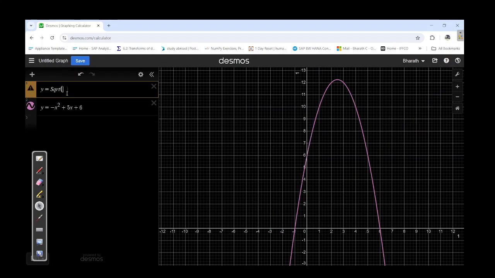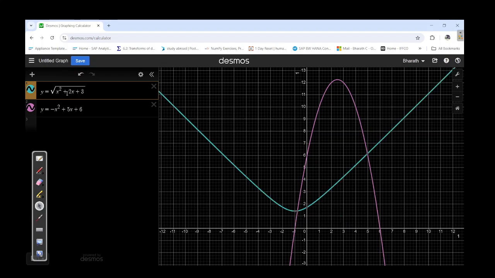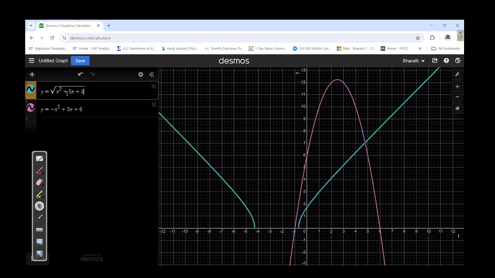Square root of x squared plus 5x plus 6.